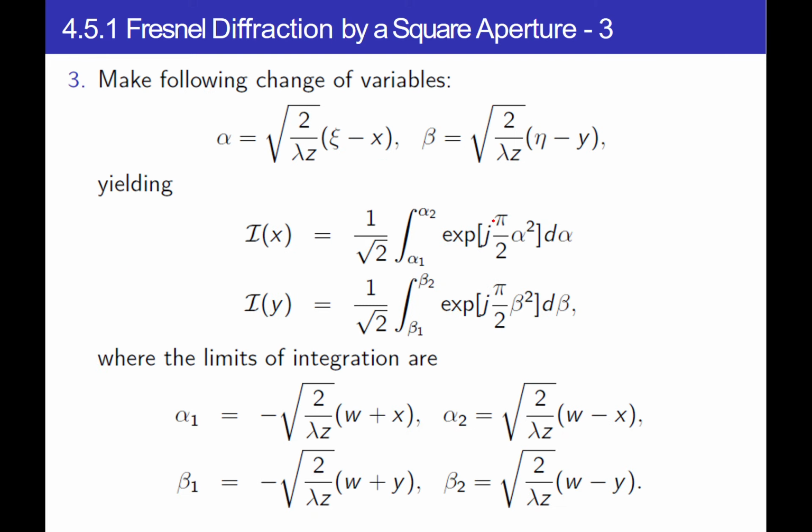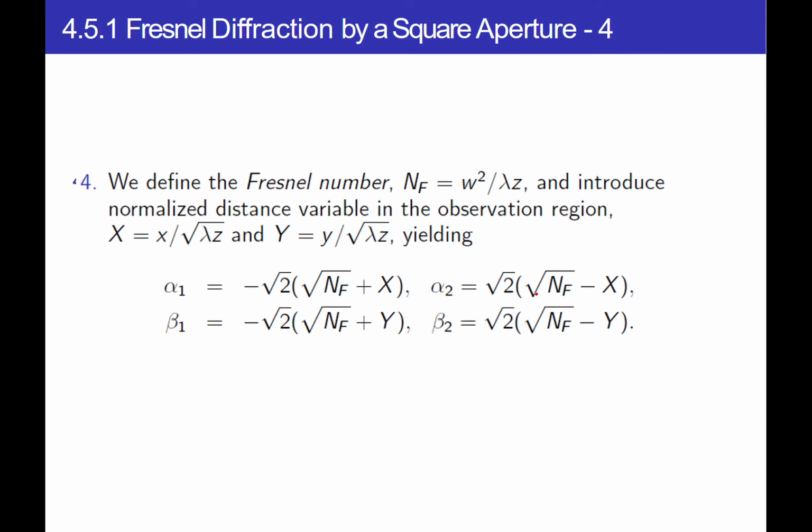We are going to change the variables: xi minus x is going to be alpha, eta minus y is going to be beta, and then it becomes like this. Okay, and you get the identical integral form, and we are going to define the Fresnel number, which is given by this one.